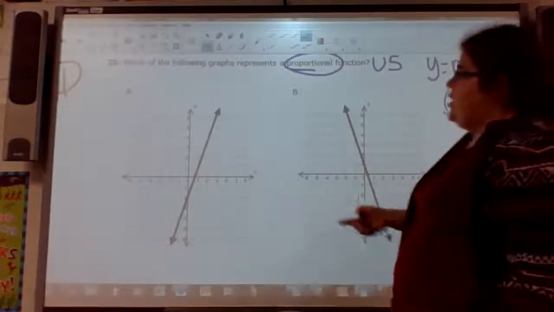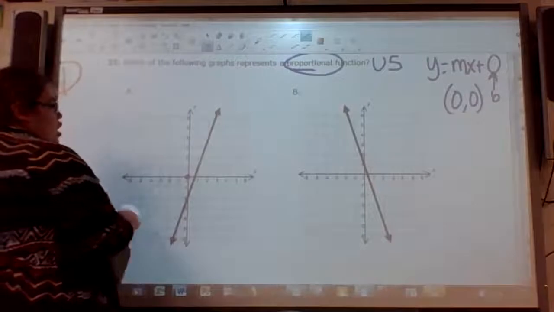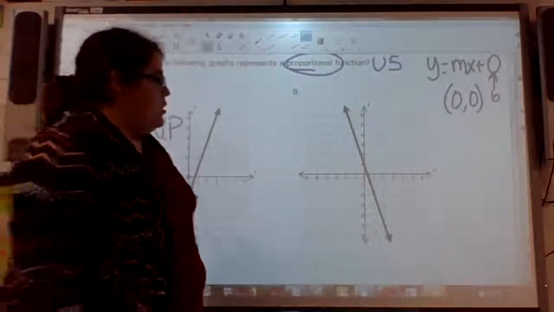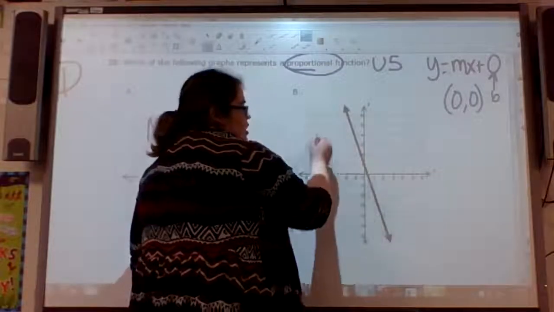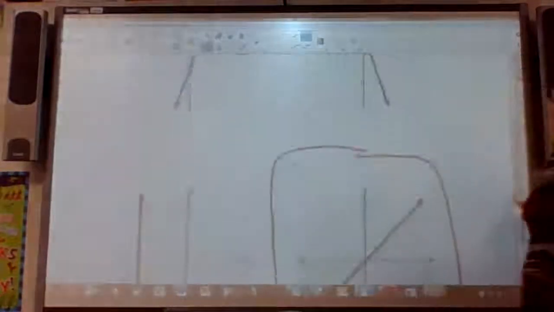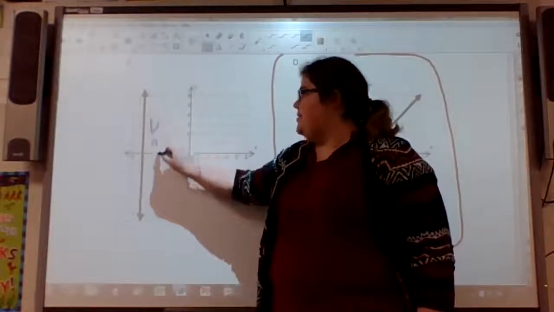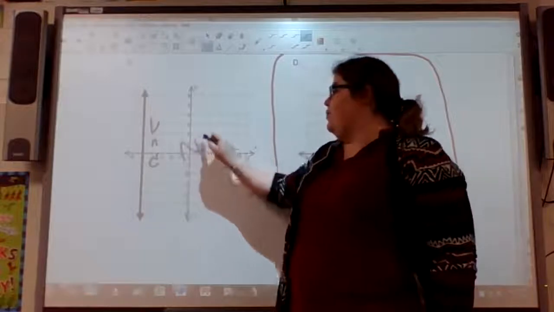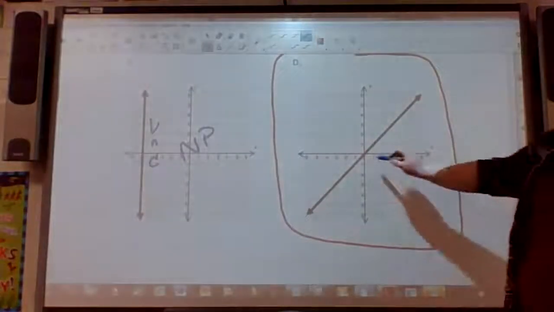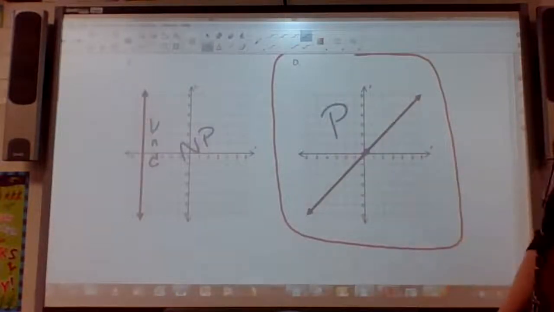So looking at A, does it go through the origin? No, so this is non-proportional. Does B go through the origin? No, non-proportional. C is an undefined slope. It's non-proportional. It's not a function. D, yes, this is proportional.